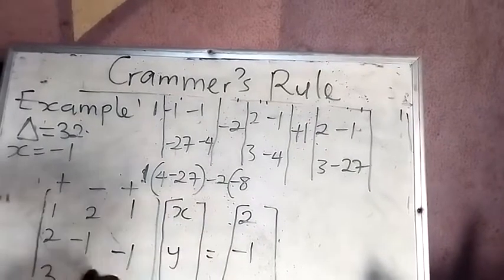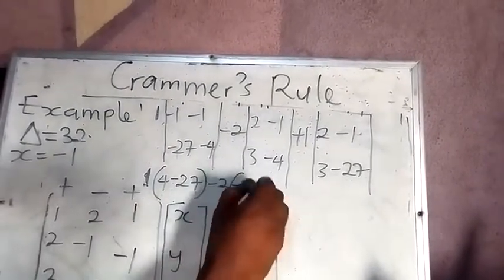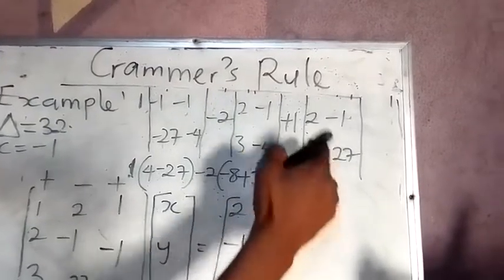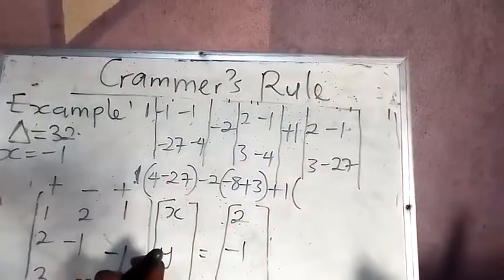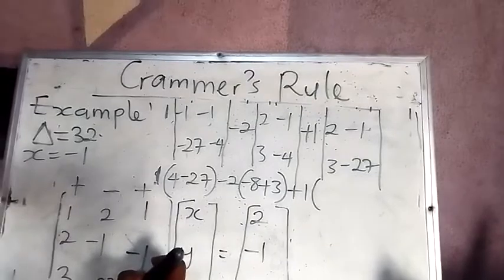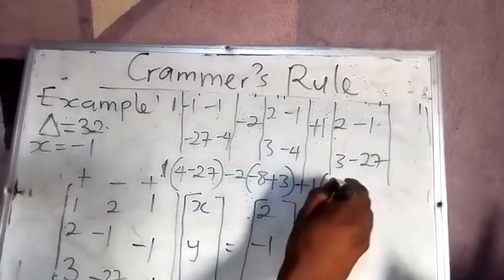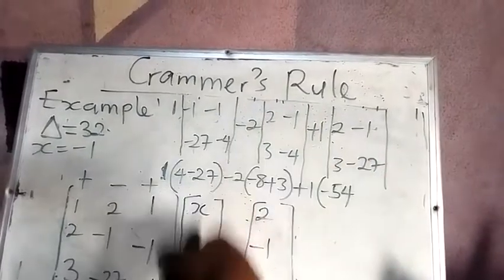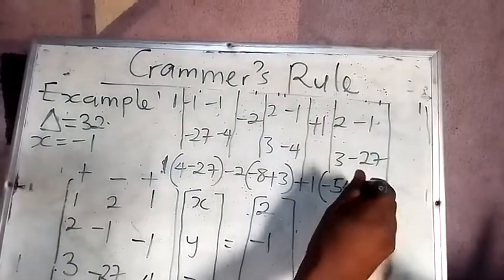But because of the minus that is there before, that will be plus 3. Plus 1, bracket, 2 times minus 27, minus 54. 3 times minus 1, minus 3. But the minus that is there before, that is plus 3.